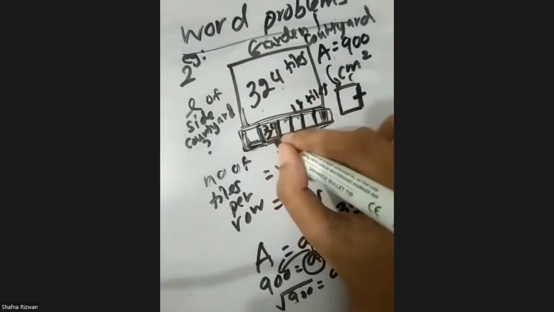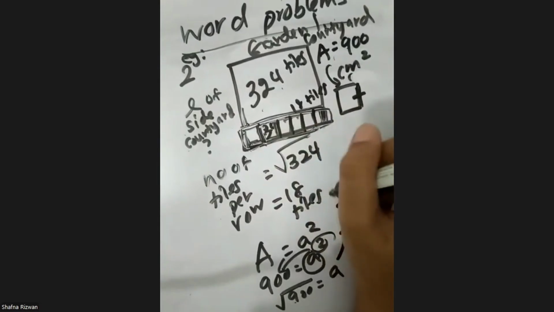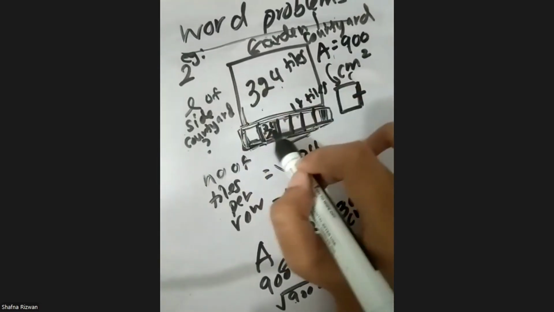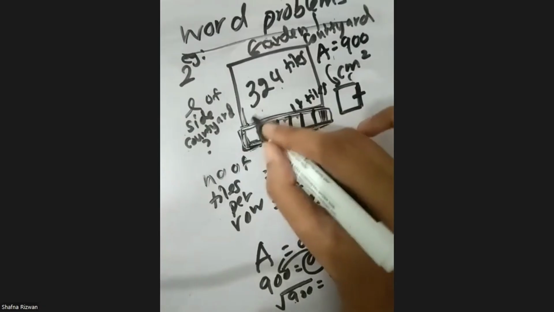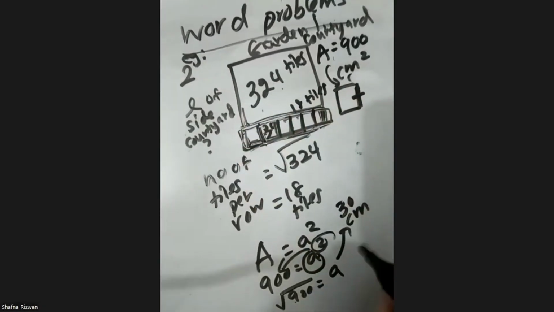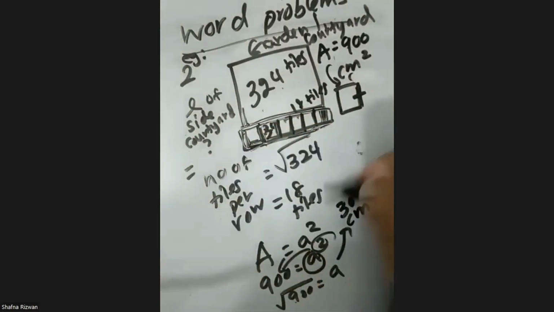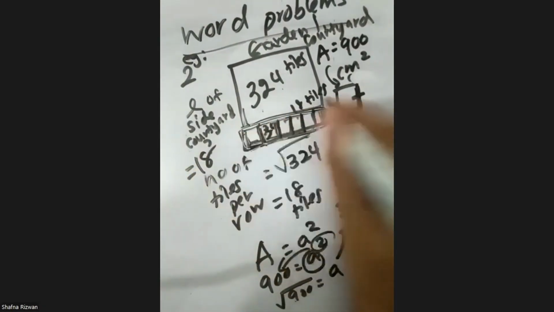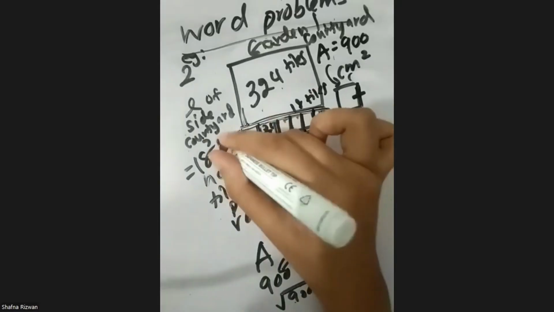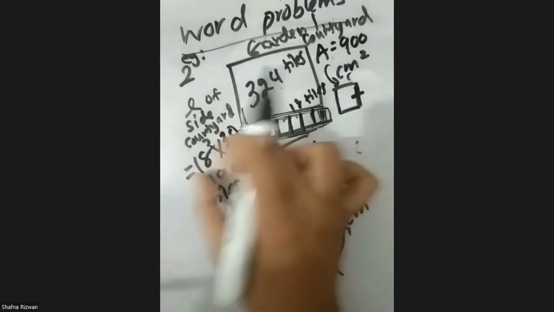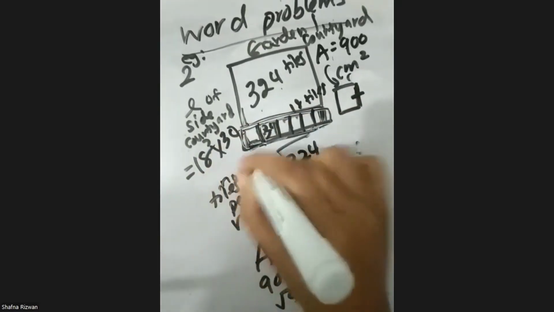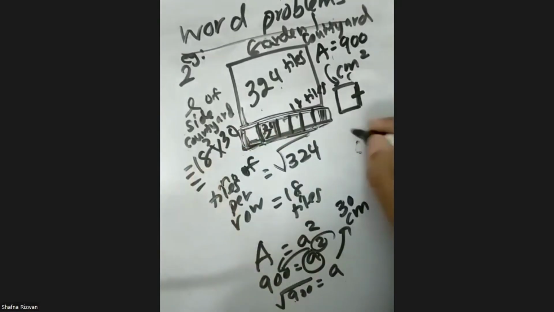This is only one. No, if you take total together multiply, you will get the length of a side of the total courtyard. How can you do that? That is, to get the length of side of a courtyard, take 18 tiles total in one row, multiply it by one side 30. Okay, one side 30. Then how much will you get? 18 multiplied by 30.